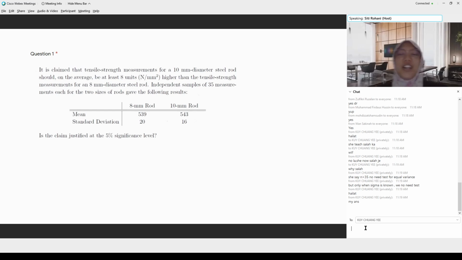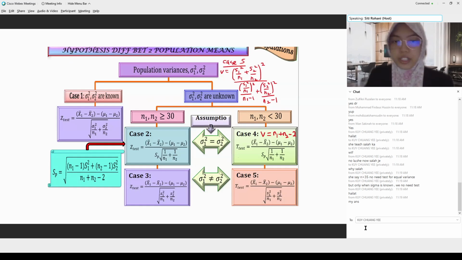Okay, here. If your number of samples is more than or equal to 30, we have to check the assumption whether the variance is equal or not. However, for this case, like what I told you before, if the question doesn't specifically tell you whether the variance is equal or not equal, we assume that the variance is unequal.